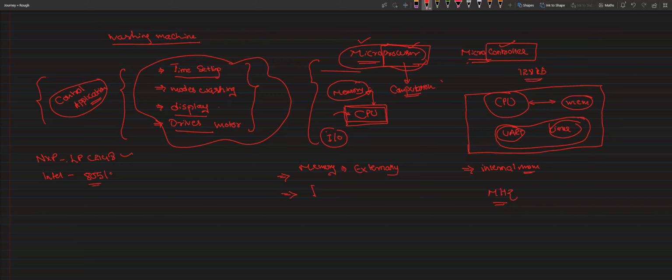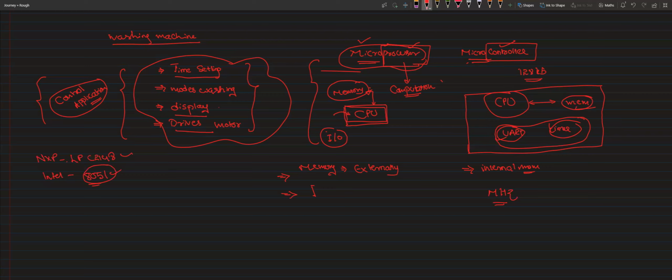There are hundreds of different microcontroller vendors with different configurations, like a different number of UARTs, different memory sizes, and different numbers of input output pins. Our major scope of discussion for today is the 8051. We will be discussing the 8051 microcontroller.